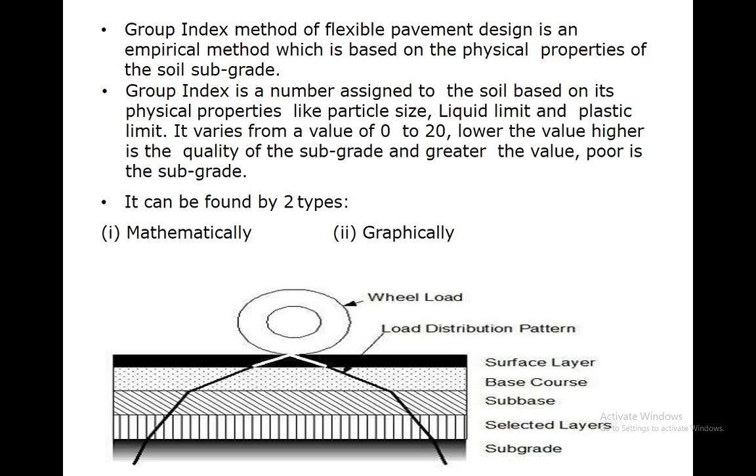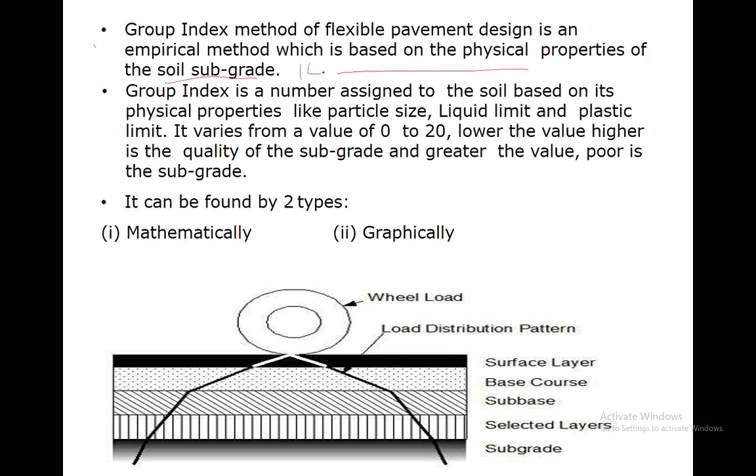The group index method to design the flexible pavement is basically an empirical approach through which we assess or analyze the physical properties of the soil subgrade. Group index is a number assigned to the soil, based on its physical properties such as particle size, liquid limit, plastic limit, and so on.